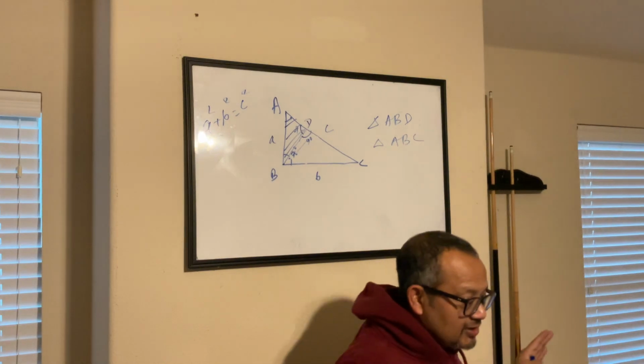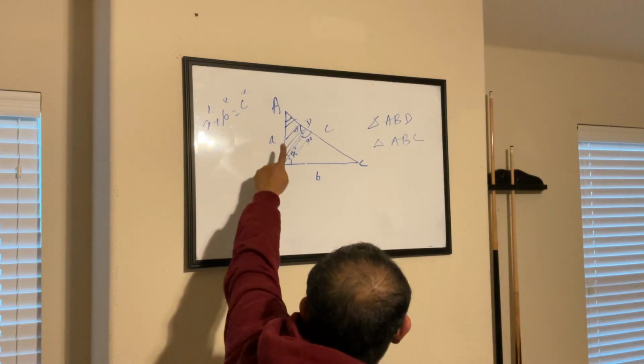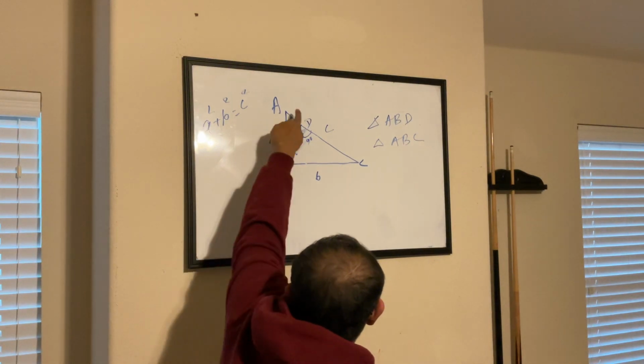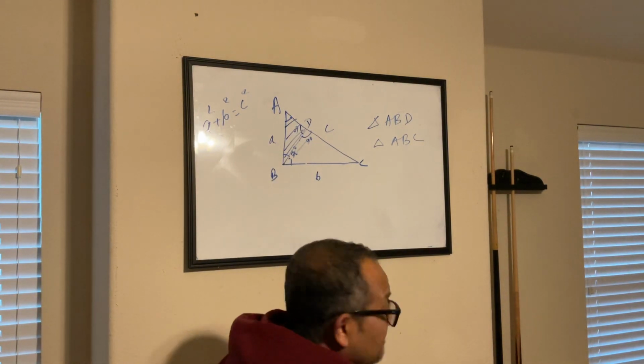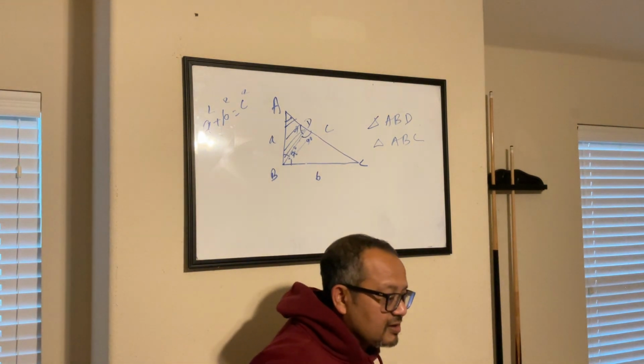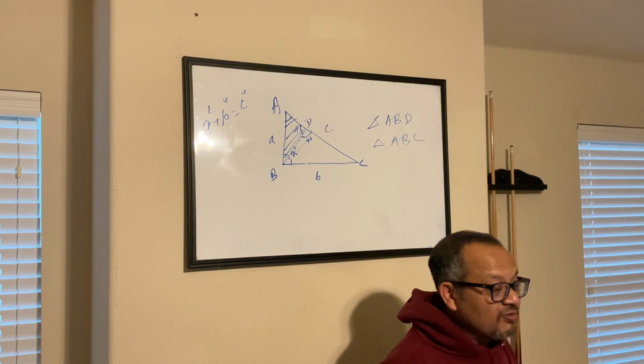So don't use the Pythagorean theorem. I'm saying I have given you two triangles, ABD, the one that I have shaded right now, and triangle ABC. I'm saying these two are similar. You have to just answer me why you think they are similar.